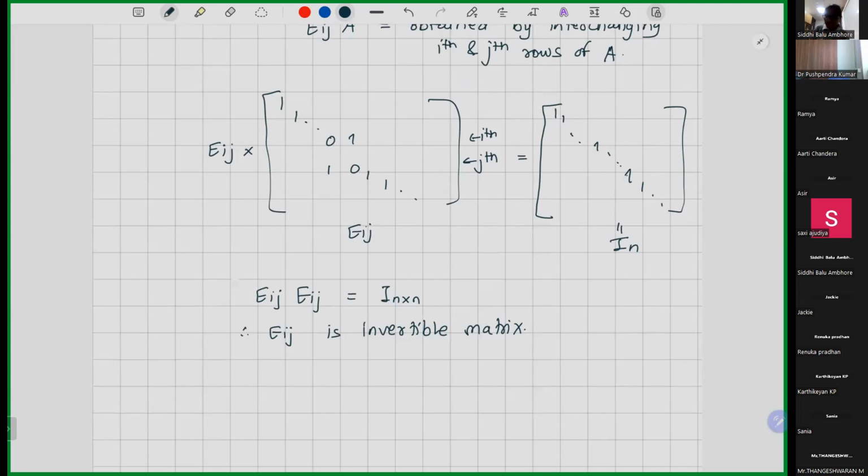So for example, if I call this Eij1 and Eij2, when I multiply Eij2 with Eij1, which was our original matrix, it will again swap the ith and jth rows. So the swapped ith and jth rows, when I swap again, go back to their original places in the identity matrix. So that's why we are getting the identity matrix. Any doubts here about what I'm saying? It is like we are swapping the two things twice and they are now going back to their original places in the identity matrix. Is it clear?